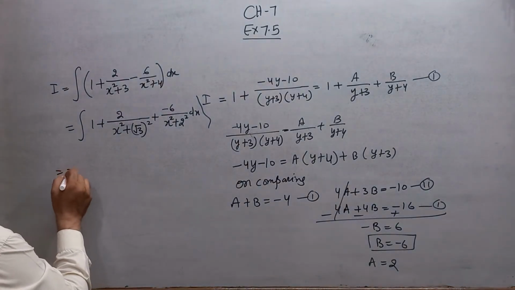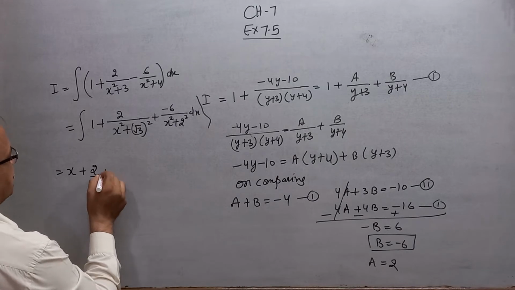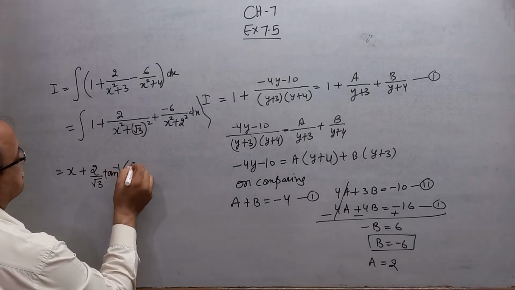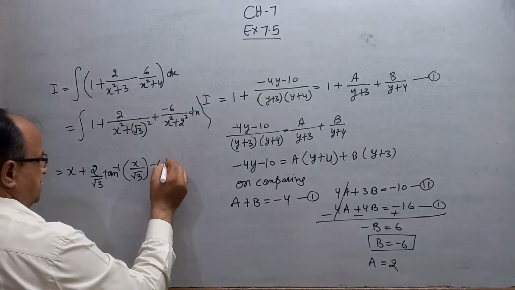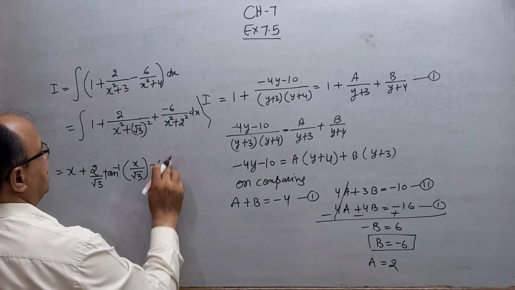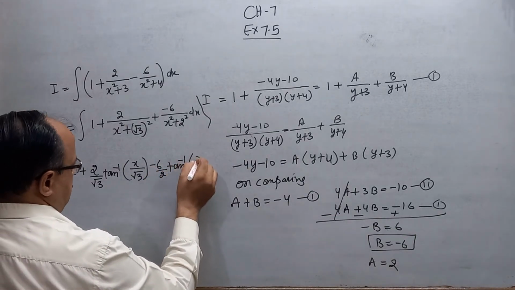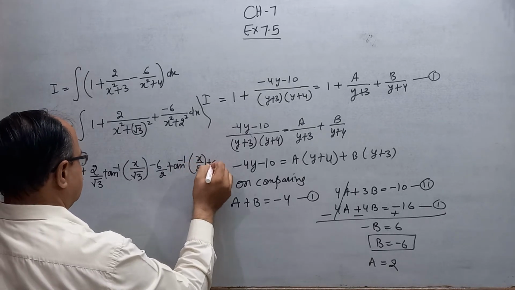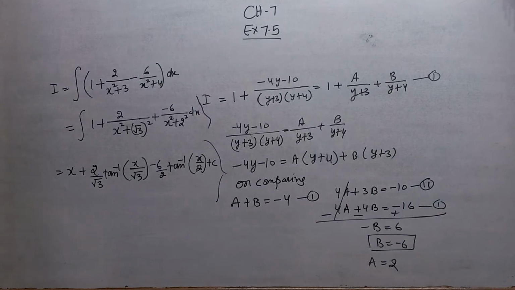Therefore the answer of this question is 2 by root 3 tan inverse x by root 3 minus 6 by 2 tan inverse x by 2 plus c. This is the answer. Correct. This is the answer of question number 18. You can check very well.